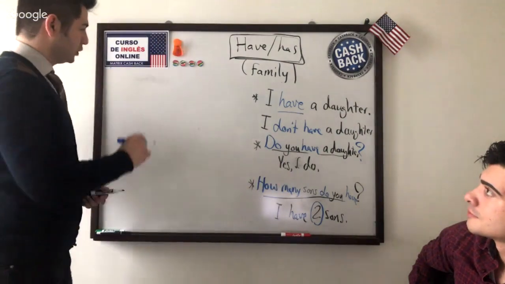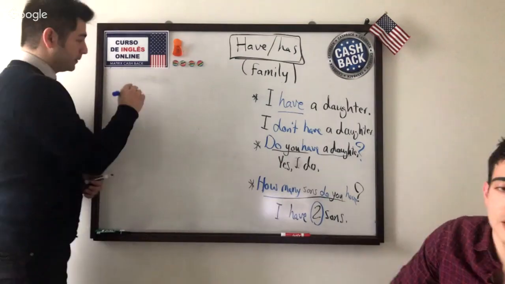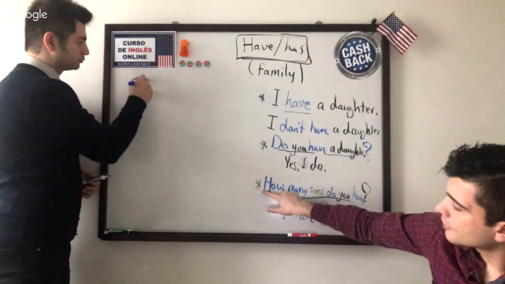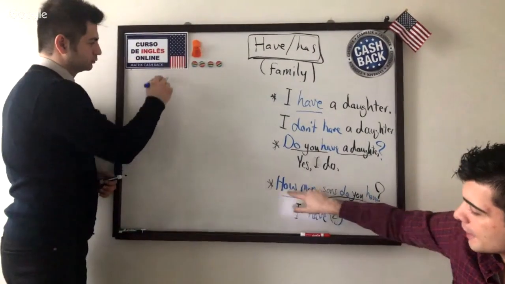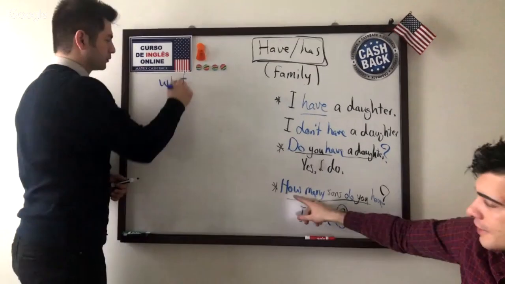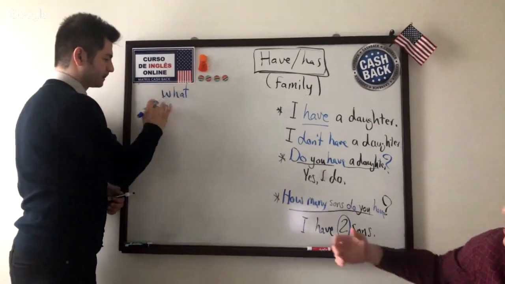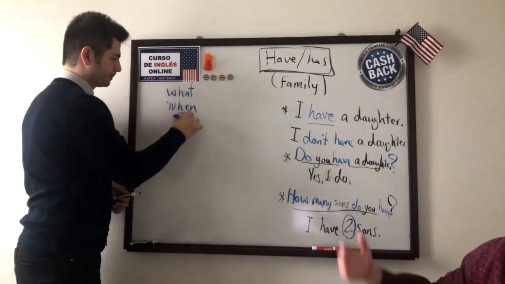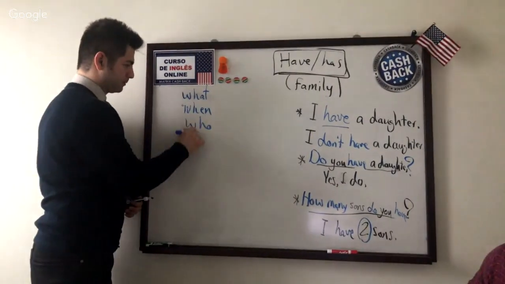So here's a list of WH words. Você deve estar se perguntando por que é uma pergunta WH, se não começa com WH. Lista de perguntas WH que você pode fazer.